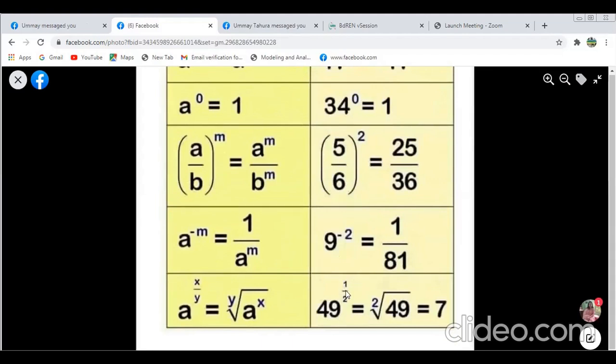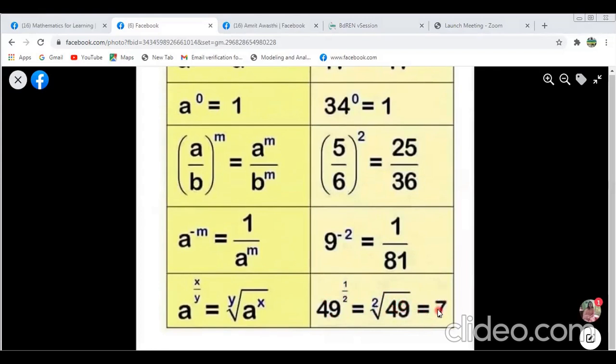Now, 49 to the power half. 49 to the power half means what? Do you know? 49 means 7 square. But this half can be written as square root, and half and square are cancelled.